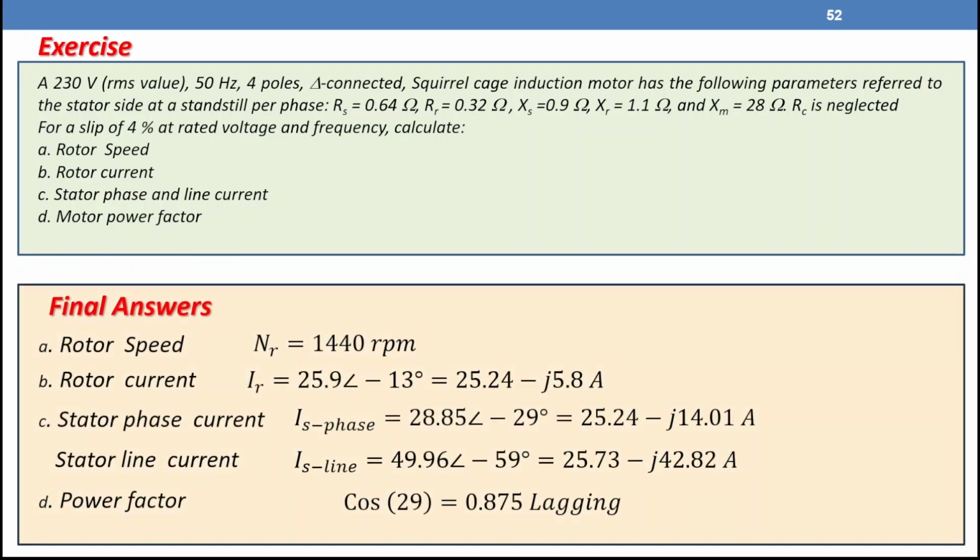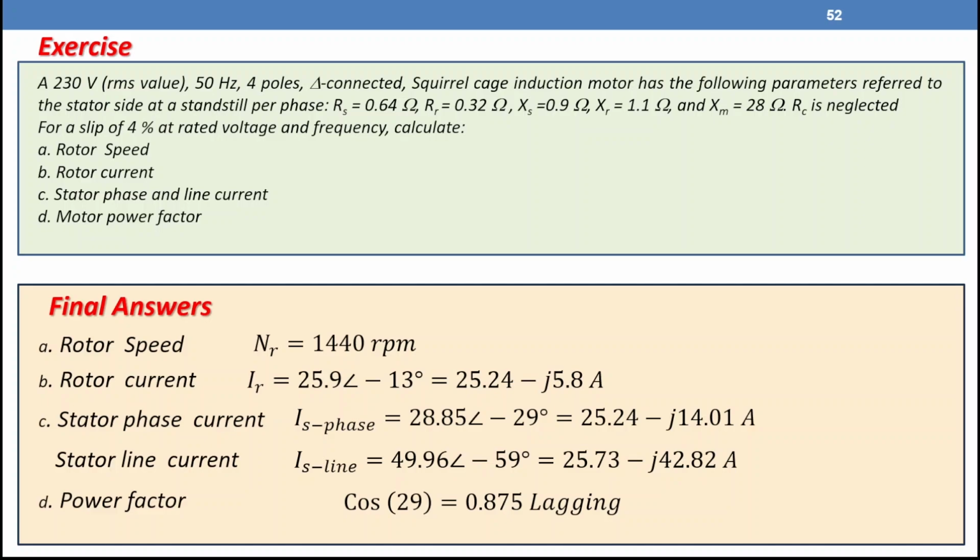But if you notice here, we have the rotor speed, rotor current, and stator phase current with angle minus 29 degrees with respect to the supply, which is angle 0. And the line current is root 3 times the phase current, and the angle is minus 30. So minus 29 minus 30 gives you minus 59 degrees.